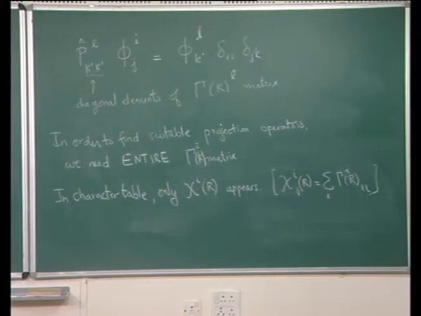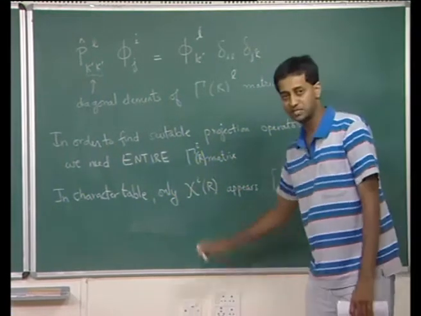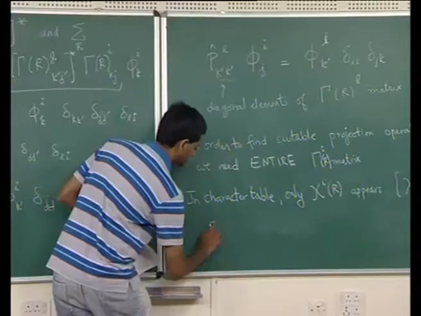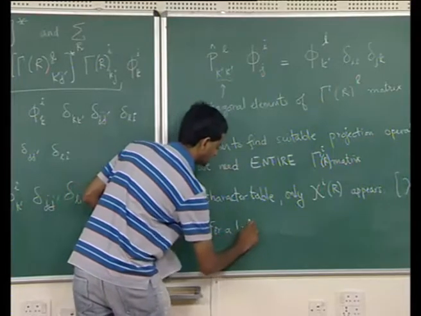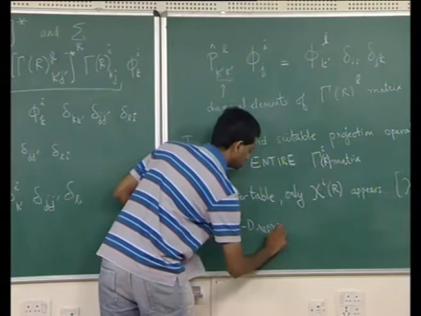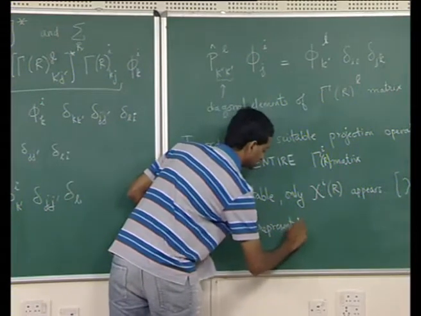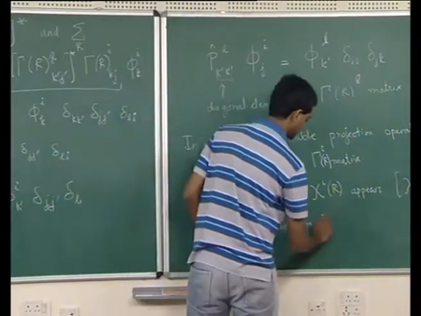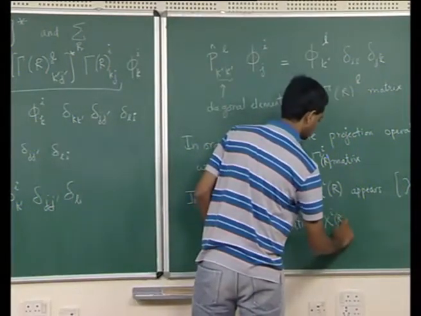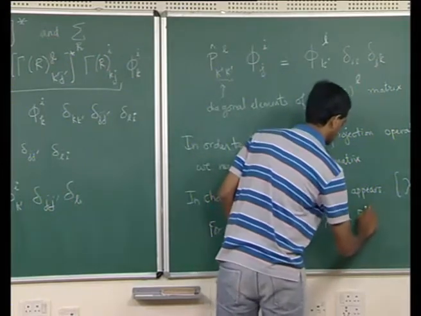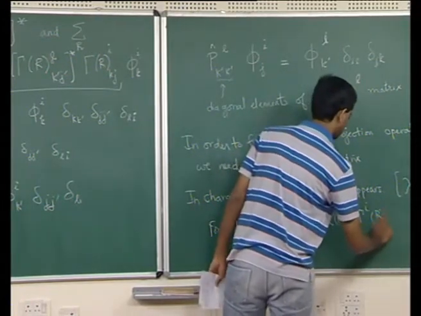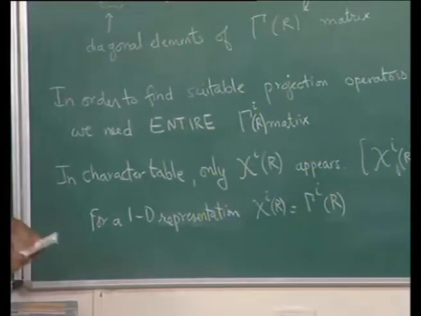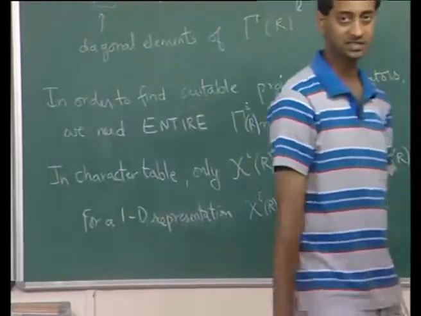Another point I want to make is that for a one-dimensional representation, chi^I(R) is equal to gamma^I(R). The matrix, since it's one-dimensional, is just a scalar, so the trace is nothing but the scalar itself.